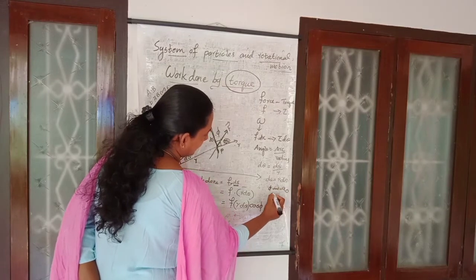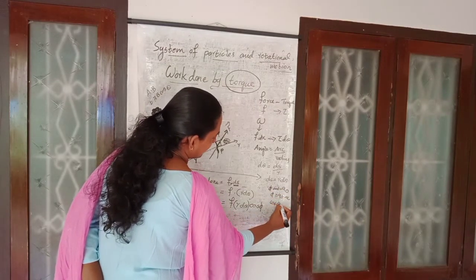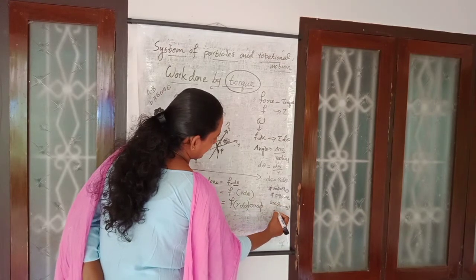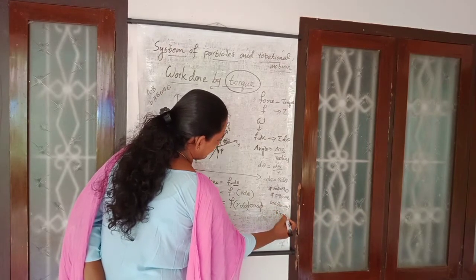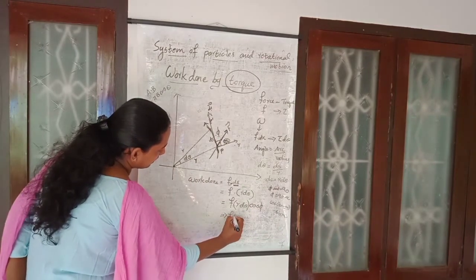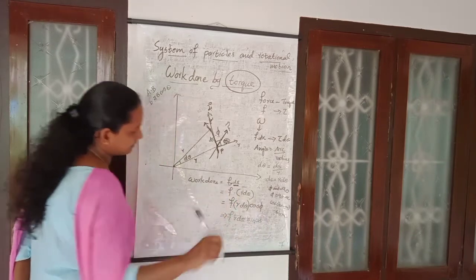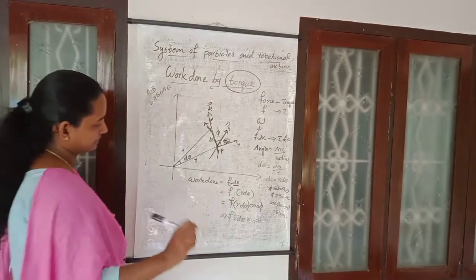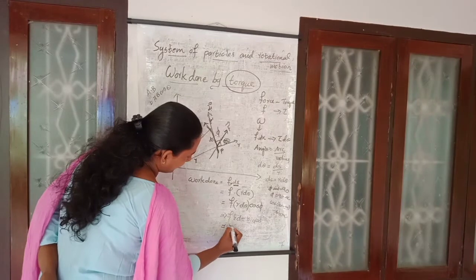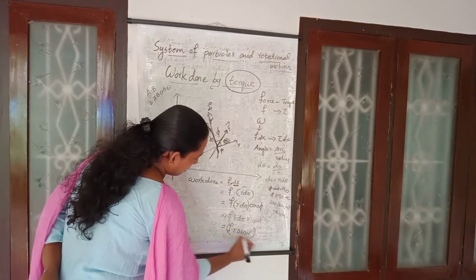So what is phi? 90 minus alpha. So what is cos of 90 minus alpha? That is sin alpha. So you can write this expression as F r d theta sin alpha, that is F r sin alpha times d theta.